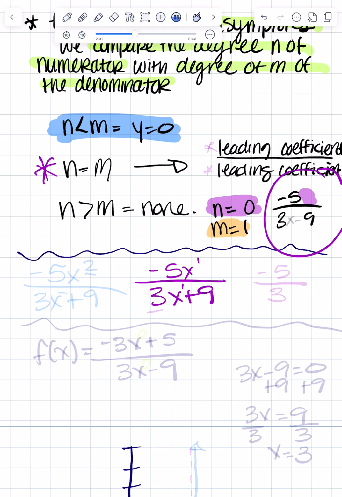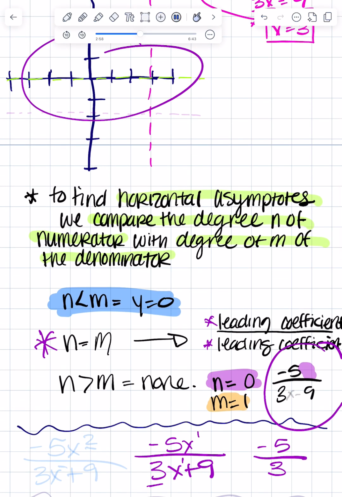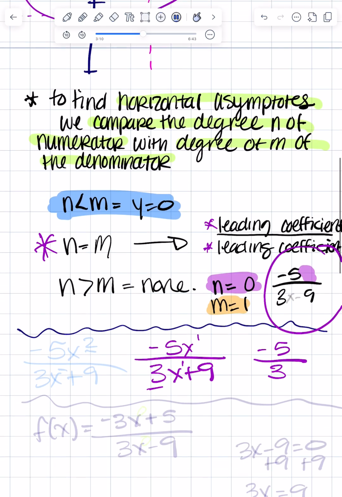So in this case, you would take the leading coefficient on the numerator, which would be negative 5, and then we would put that over the leading coefficient of the denominator, which is 3. So we would have a horizontal asymptote at negative 5 over 3, which comes out to negative 1 2/3. So it would be about right here if that was the case. It's not, but this was just an example.